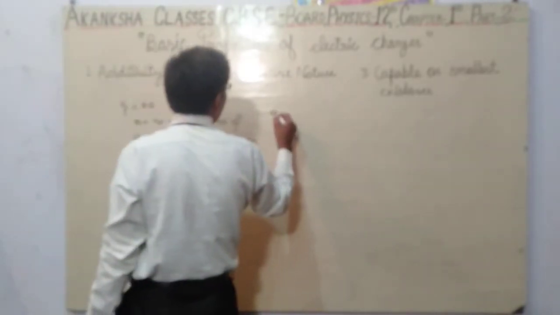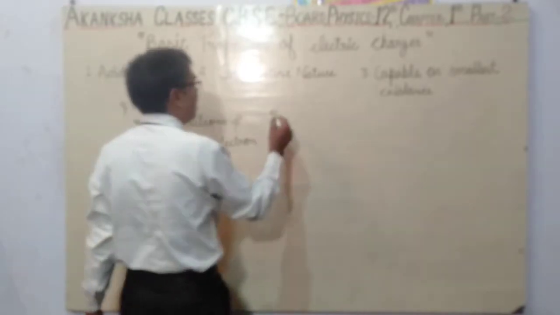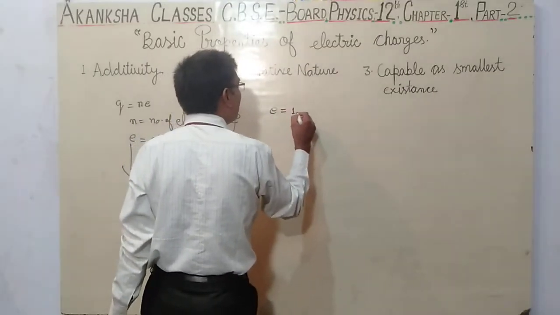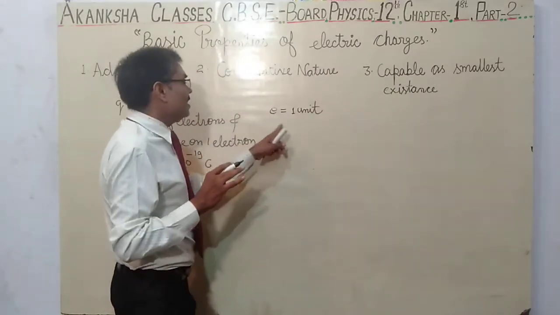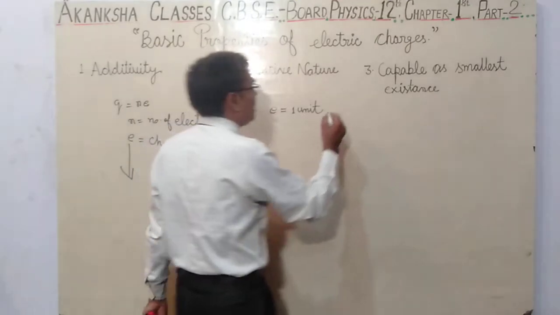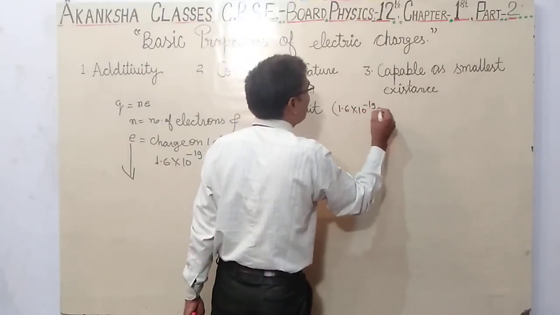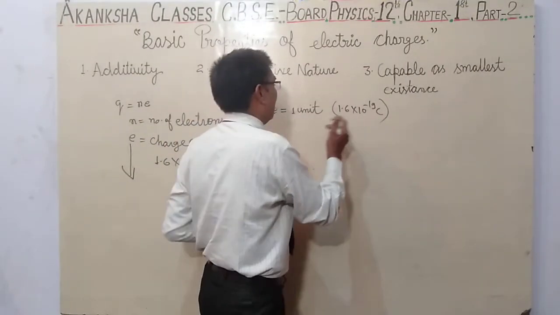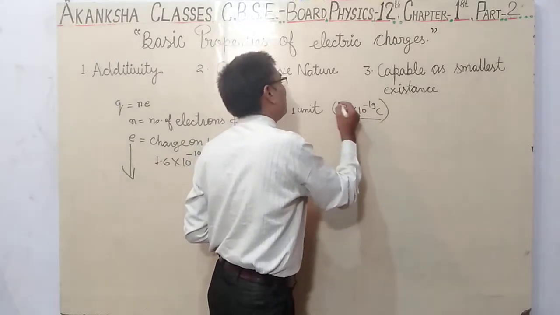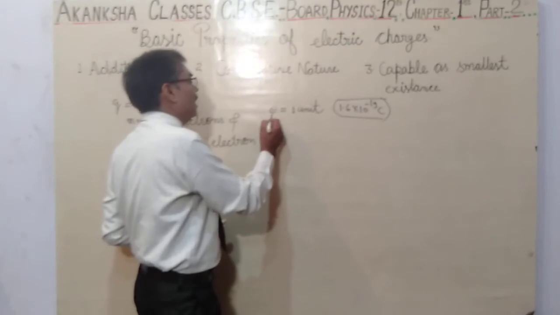So the charge of an electron is supposed to be the unit of charge, and generally is known as 1 unit. Absolutely, this unit is very small, equal to only 1.6 into 10 power minus 19 coulomb. Very small quantity, but no other smaller quantity can exist than electron.